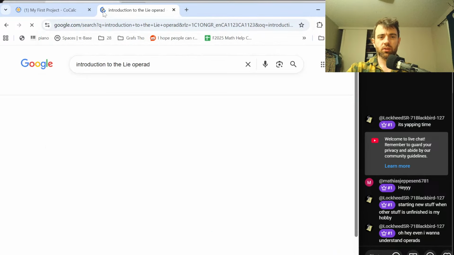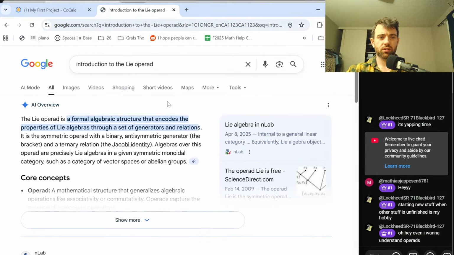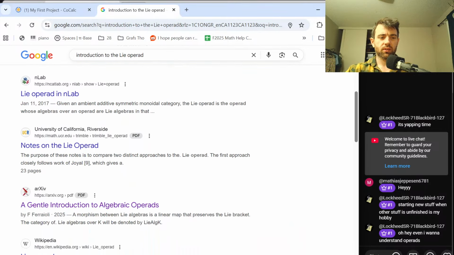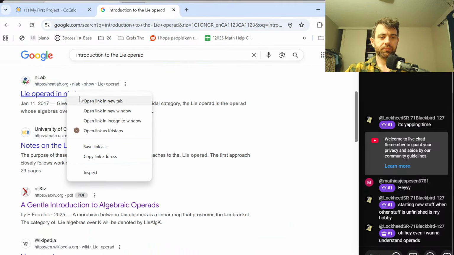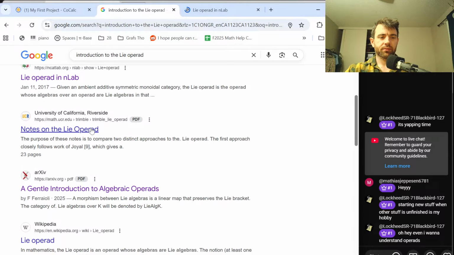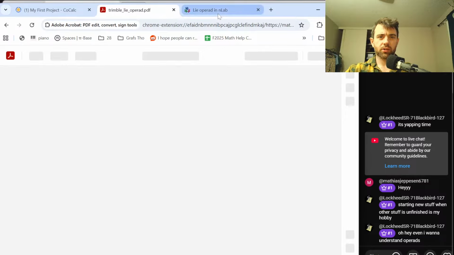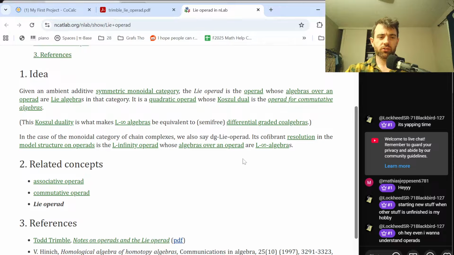I know there's something called the Lie operad, so maybe if we dive in with this example. Notes on the Lie operad, yeah. Let's check nLab first. Given an ambient additive symmetric monoidal category, the Lie operad is the operad whose algebras over an operad are Lie algebras in that category.